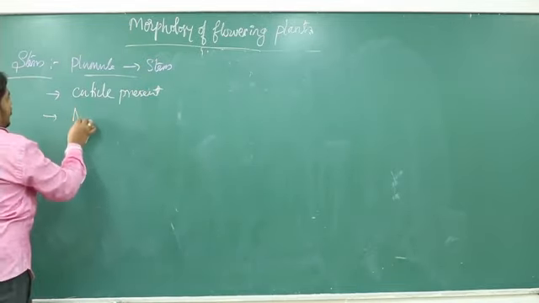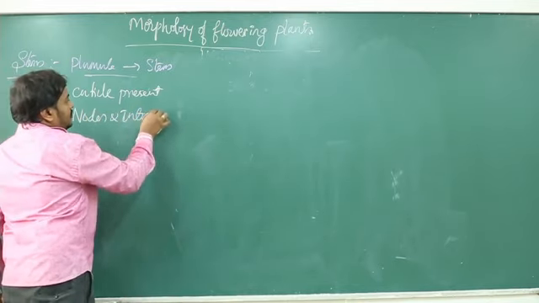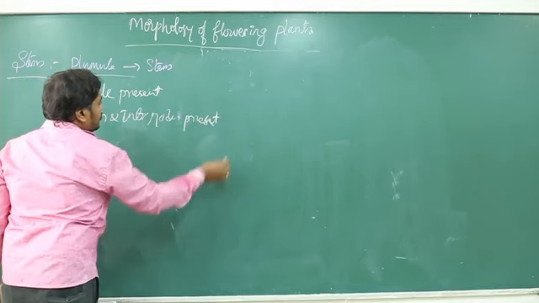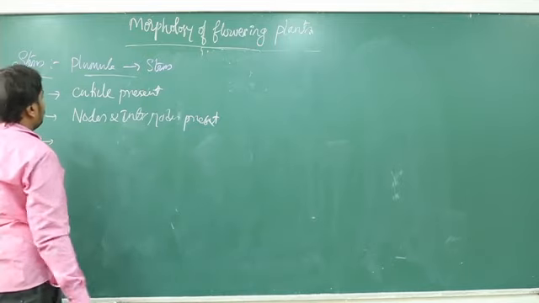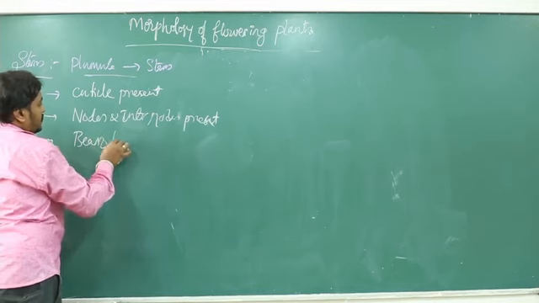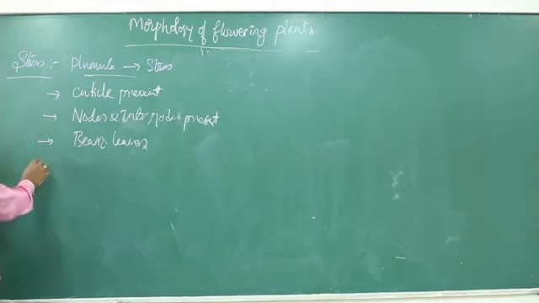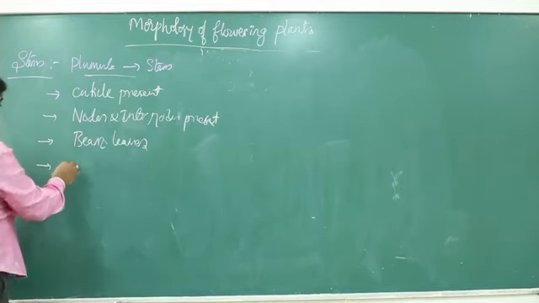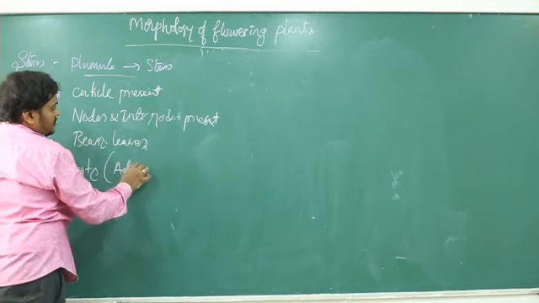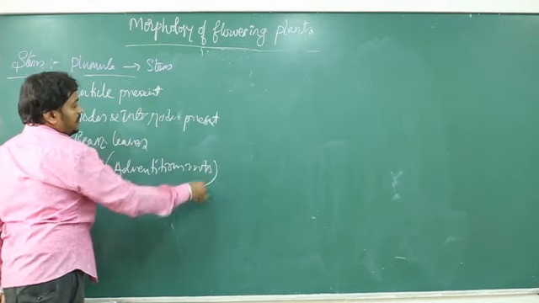Then nodes and internodes are present. It bears leaves, and it also produces roots. Those roots are called adventitious roots.